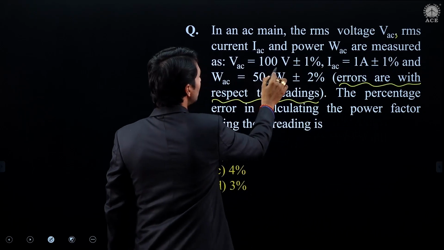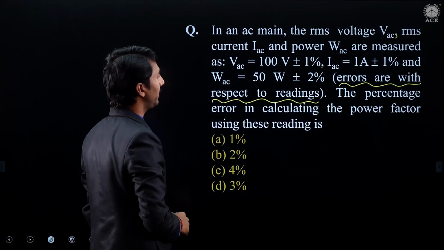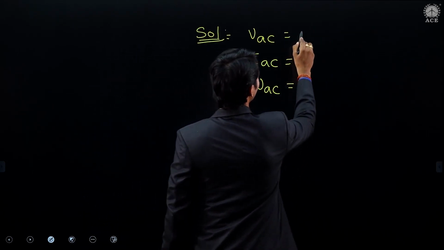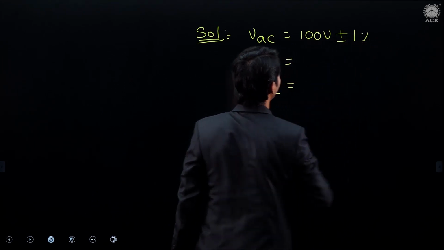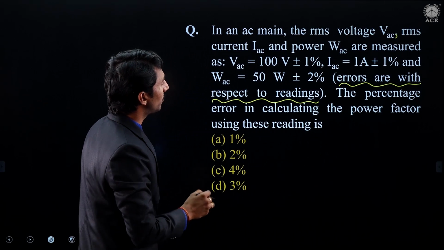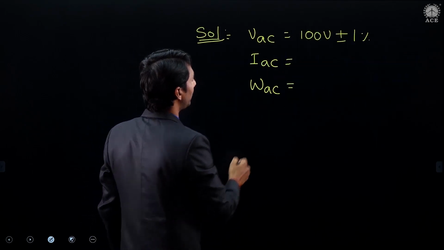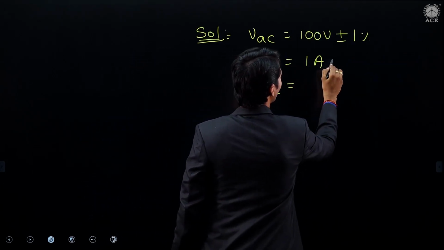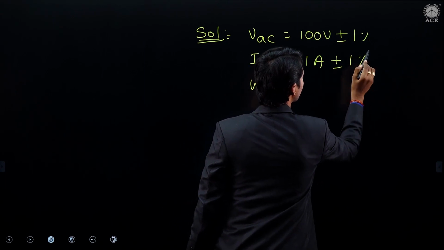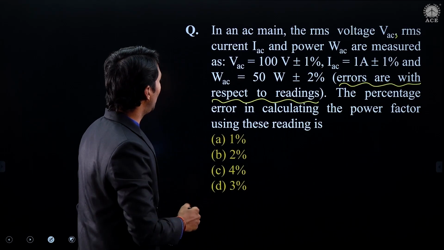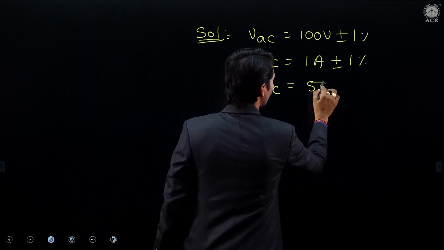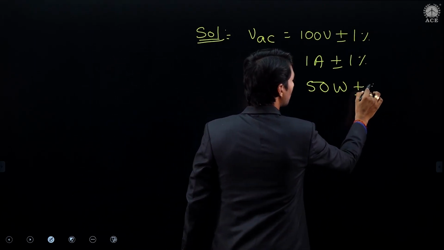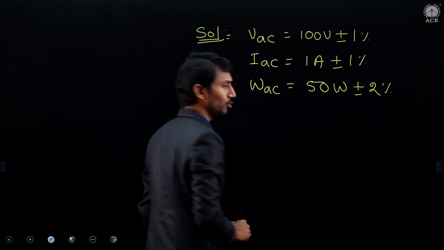VAC is 100 volt plus or minus 1%. IAC is 1 ampere plus or minus 1%. WAC is 50 watt plus or minus 2%.